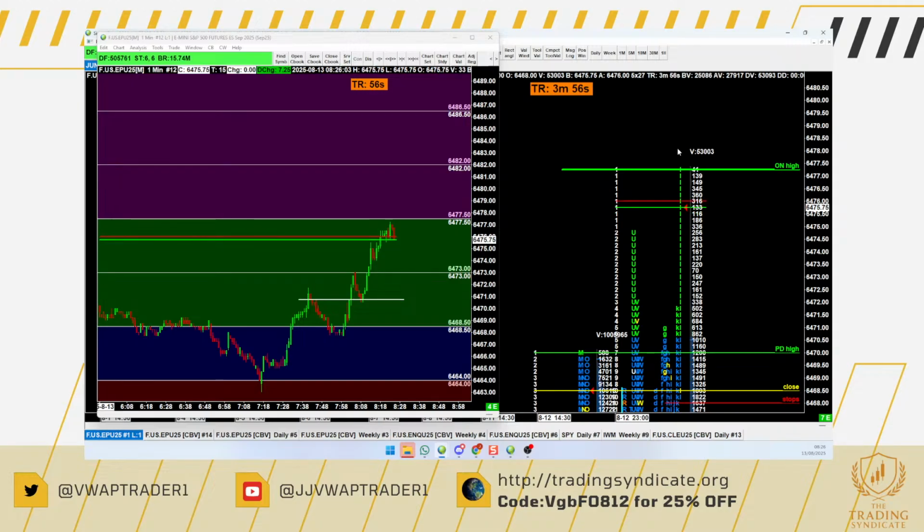Oh, so the Gann levels move. Huh, interesting.